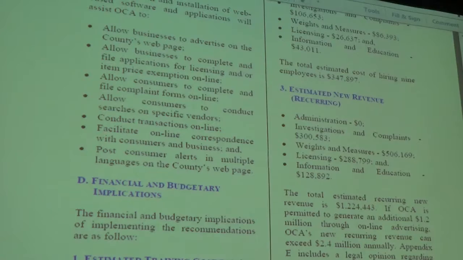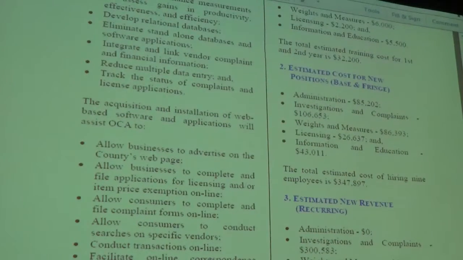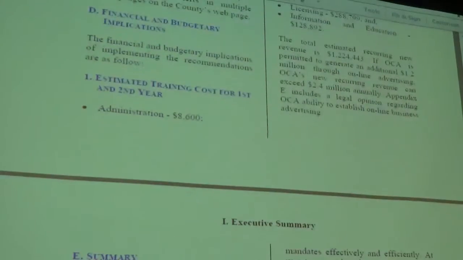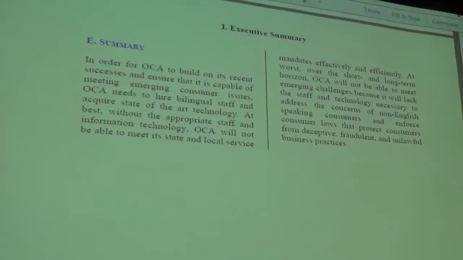It had financial and budgetary applications for training costs, estimated new revenue, estimated costs for new positions, and then there's a summary. The executive summary was written last, and it has all the components of the report.